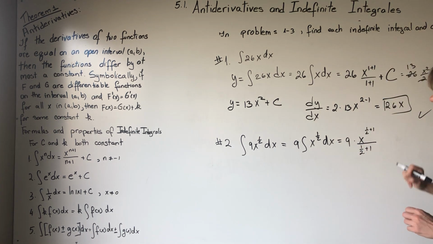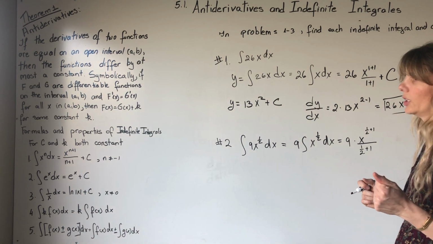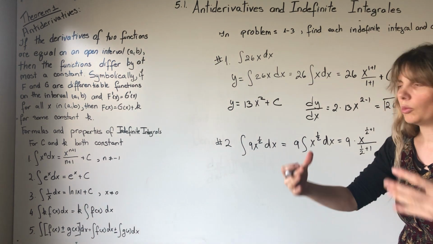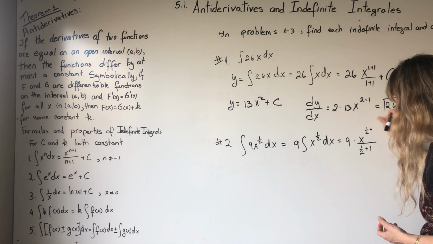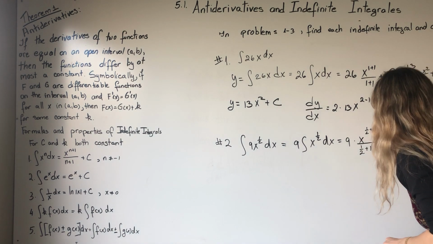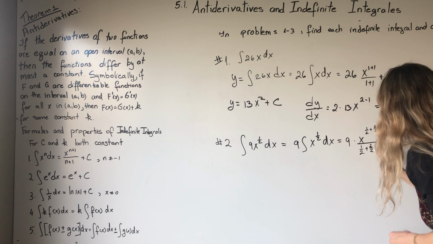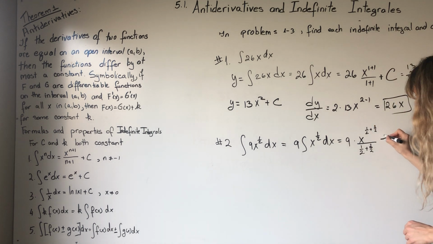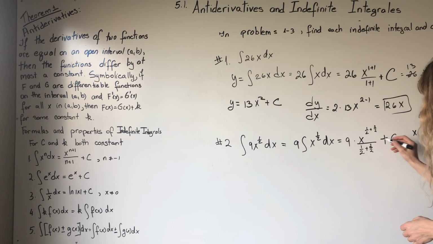To add the two fractions together, what do I have to do? Common denominator. So what should be the common denominator? Should be 2. So how can I write 1 to have a 2 in the denominator? I can write it as 2 over 2, right? And then plus the constant. Never forget the constant. So this is equal to what? X to the power of nothing.